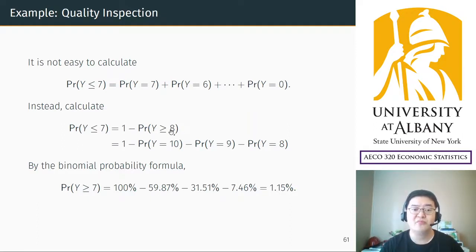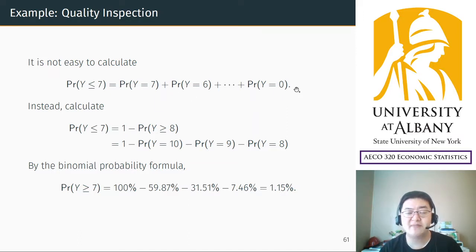It's a complement rule. If you know the probability of acceptance, automatically 100% minus the probability of acceptance is the probability of rejection. The probability of acceptance is more convenient to calculate because there are only 3 cases. Probability Y greater than or equal to 8 contains only 3 possible values, 10 or 9 or 8. So you apply the binomial probability formula only 3 times.